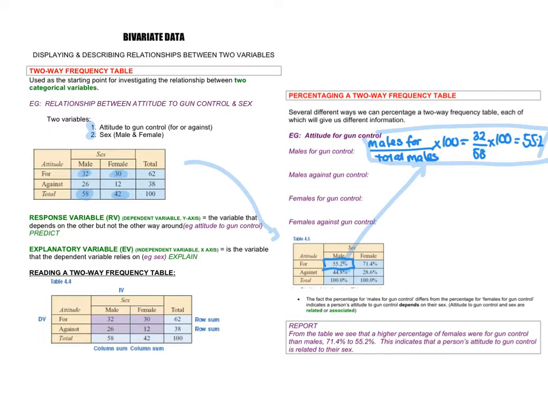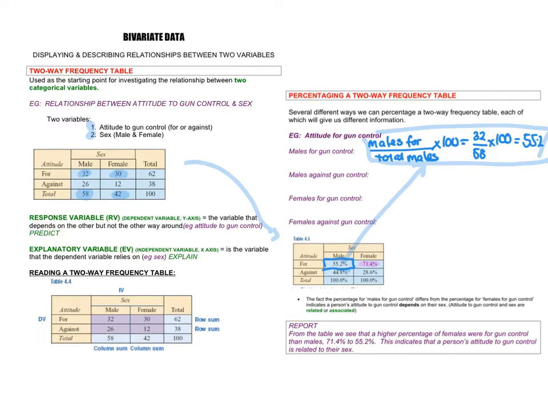So I've done a little example there. If you look at these examples, can you see that for female, 71% are for gun control, compared to males, it's just 55, which is like half and half.